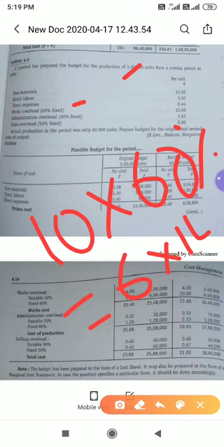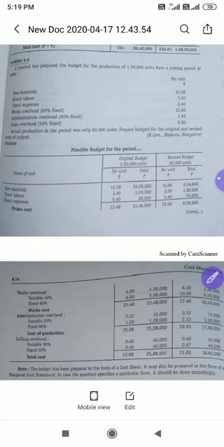So just you have to multiply. How much will we get for 1 lakh? For 60,000 we will get 6 lakh as well, the same amount will be there. Please remember fixed cost will remain the same irrespective of level of output.